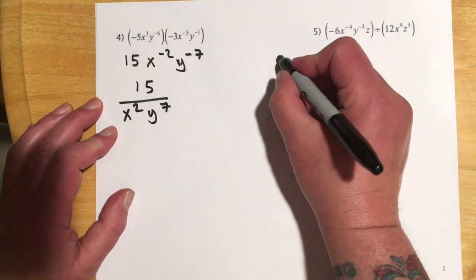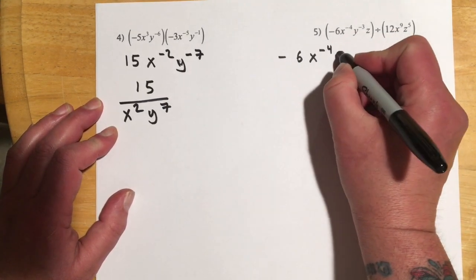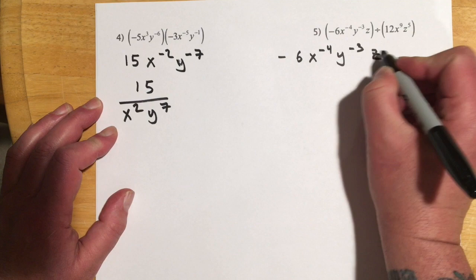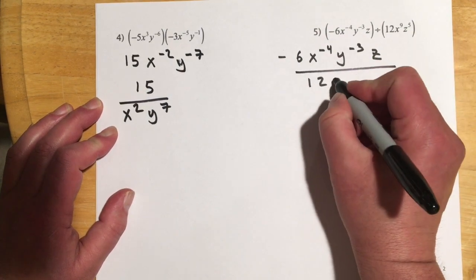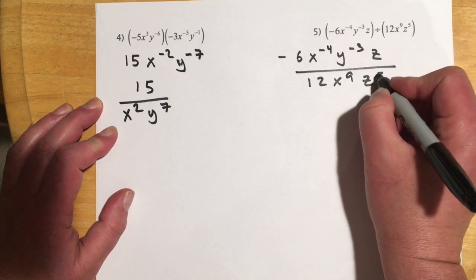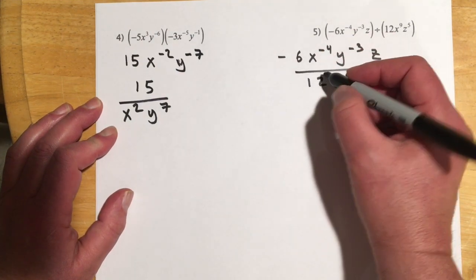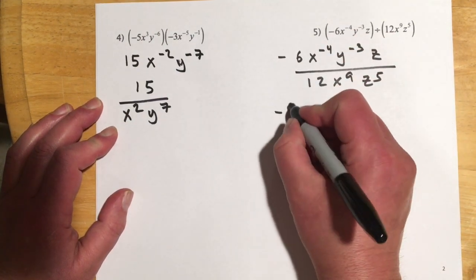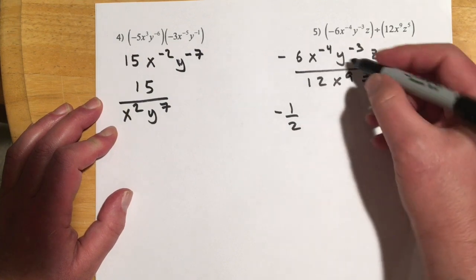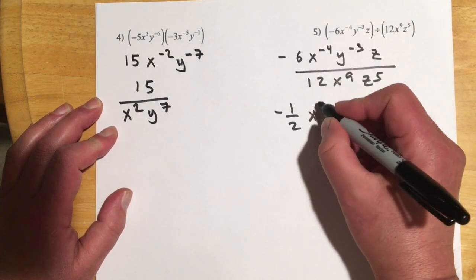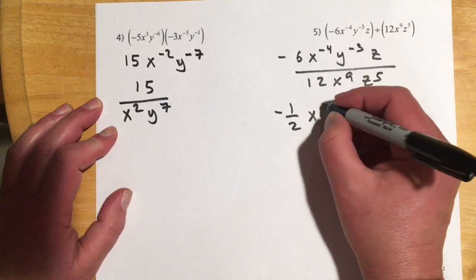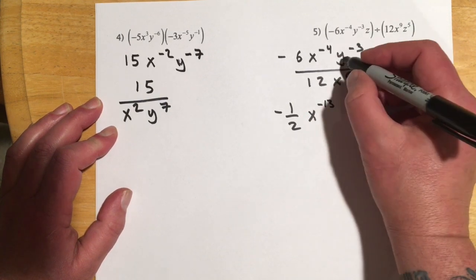This one's a division. You don't have to rewrite it, it's just sort of my preference. So 6 over 12, we can divide both by 6, and that will leave a 1/2. So I'll go 1/2, and then x to the negative 4 minus 9 is going to make negative 13.